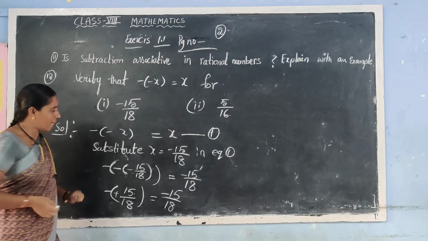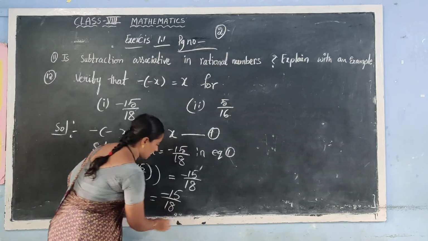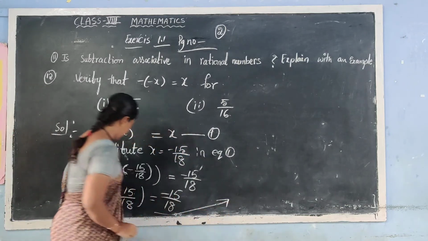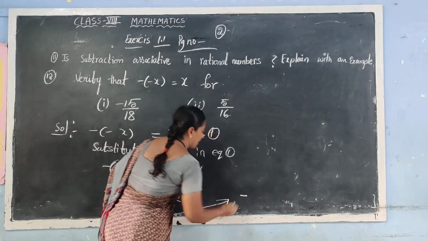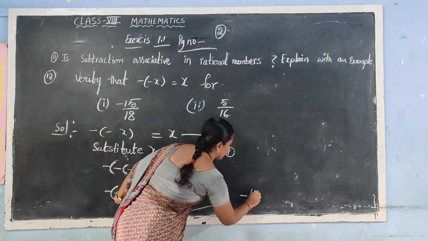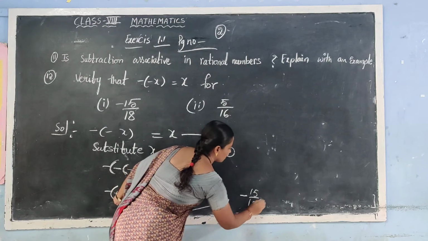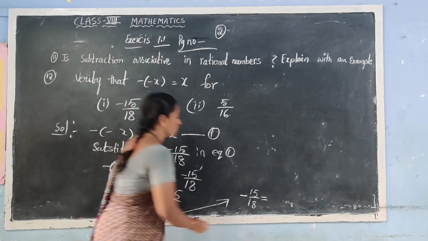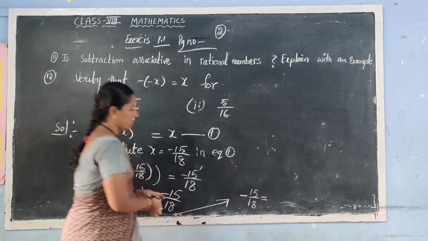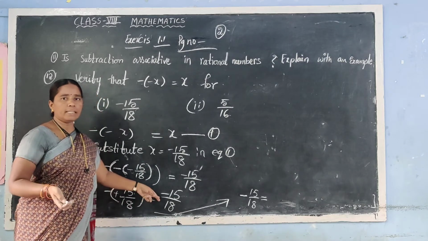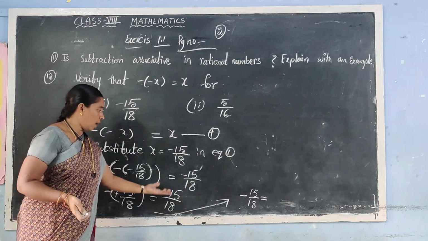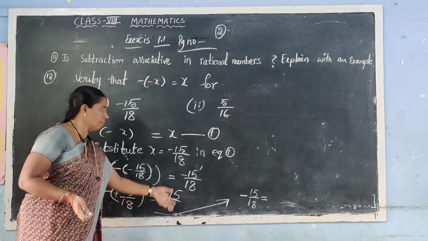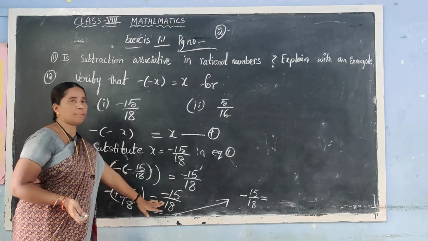So minus into plus. Next step I am writing here: minus into plus minus 15 by 18 equals, on the RHS, we don't do anything because it is already minus 15 by 18. Just minus 15 by 18.